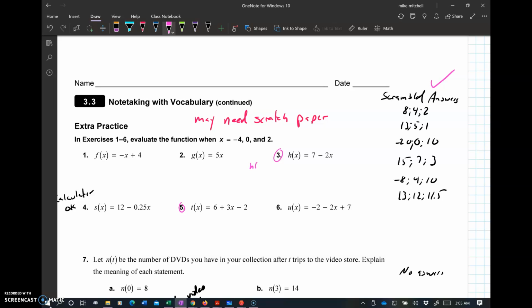I'm going to go h of -4. I would prefer this be in red. h of -4 equals 7 minus 2 times 4. So that's 7 minus 8. And that gives me -1.